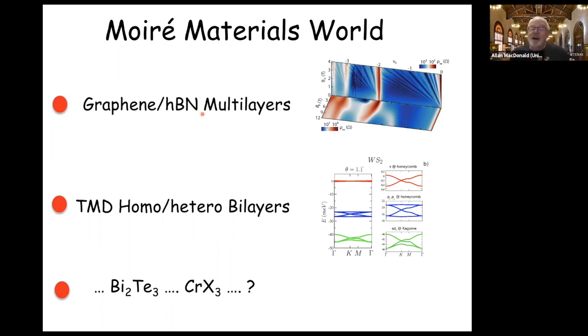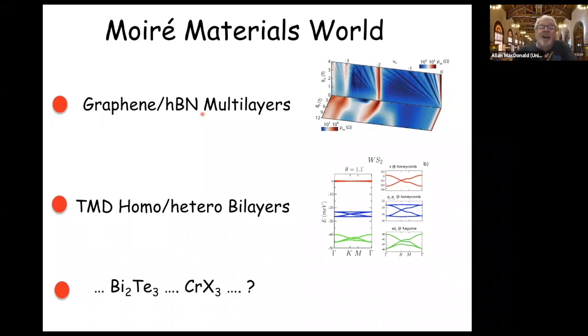As you'll see from my talk, twisted graphene is a little bit different from typical crystals, especially in that it's topological, its bands are topological in a very strong and unique way.